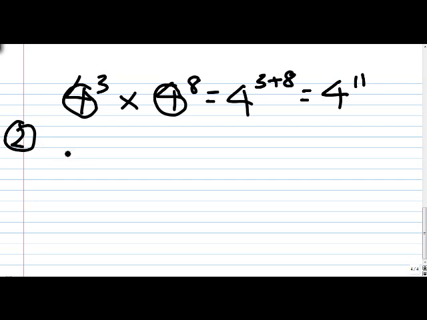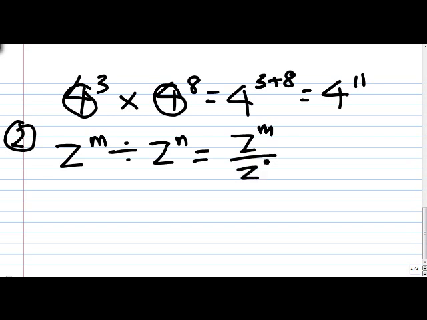Now let's go on to the second rule. If you have z to the power m divided by z to the power n, you can write it as z to the power m over z to the power n, it really makes no difference.